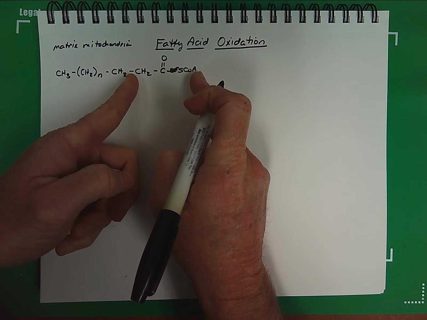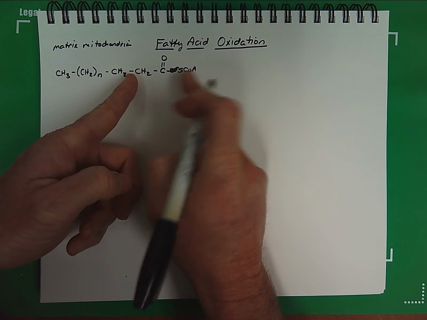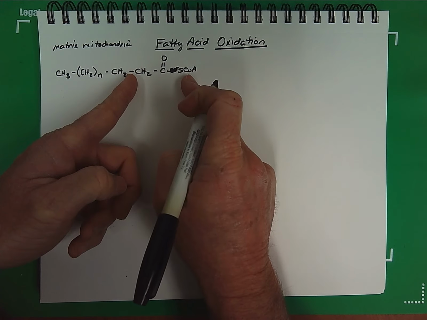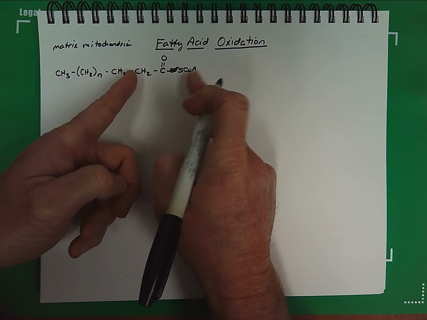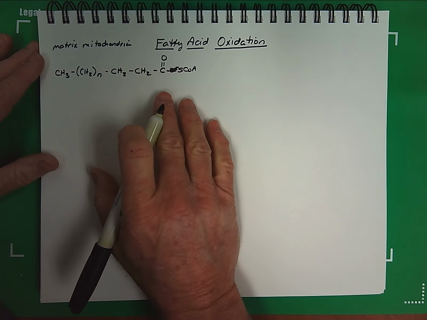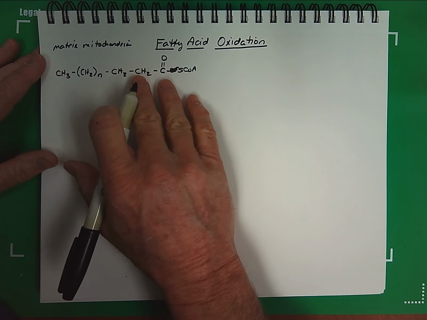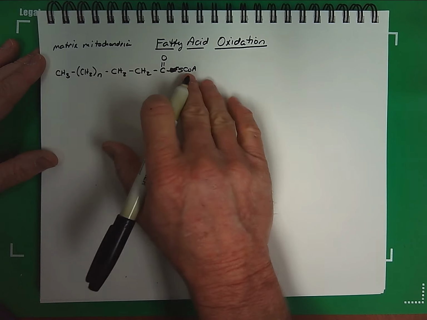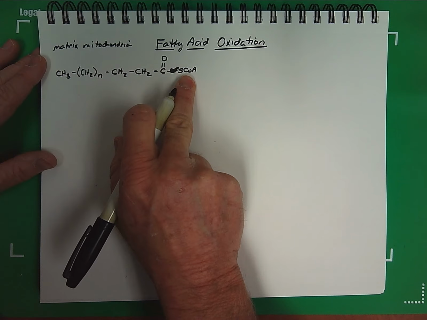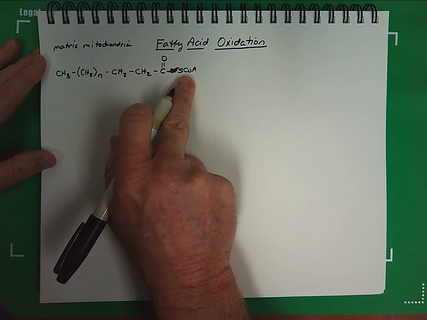Here is an acetyl-CoA group. So if we remove these 2 carbons with this carbonyl and this thiol linkage with the CoA group, that will be acetyl-CoA. So the process of beta oxidation is going to be releasing 2 carbon units at a time with the acyl linkage of coenzyme A, so that we have the product to put into the TCA cycle.